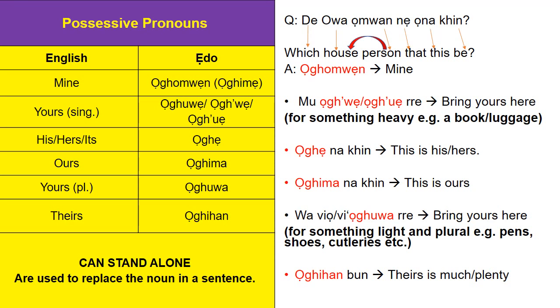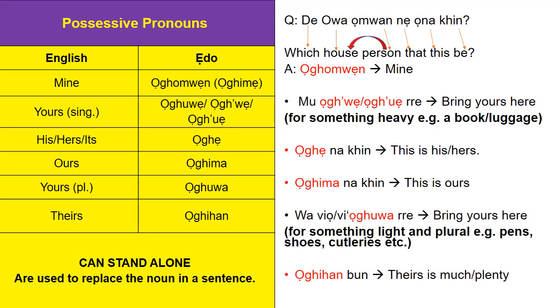This sentence is basically which person's house is this, or whose house is this, and then you say orome, mine. So it can stand alone. But you can also use it to replace a noun, like in the second sentence, mu orwe re, bring yours here.